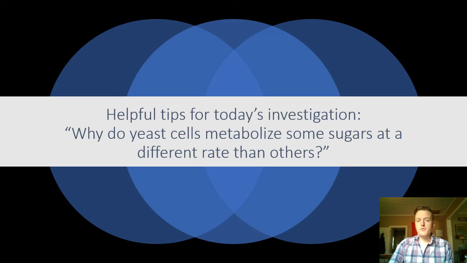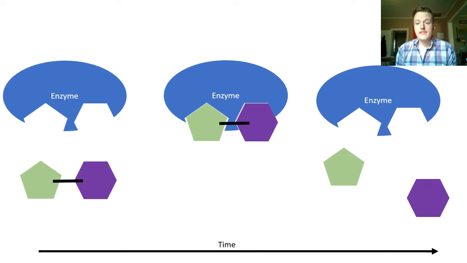As I mentioned before, this week we're going to be looking at yeast and its metabolism, and so why they metabolize some sugars at a different rate than others. It's important to remember that, like so many different biological phenomena, we're going to be thinking about these in terms of enzymes and enzyme activity.